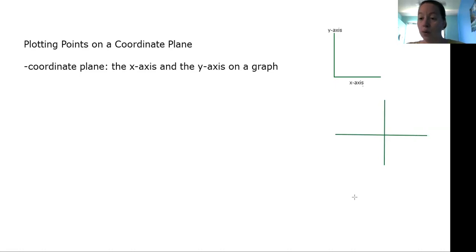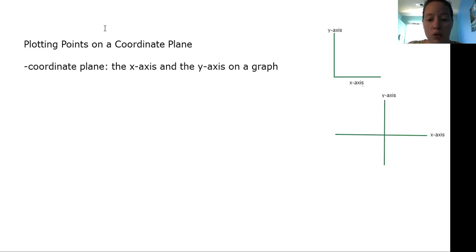So we have four quadrants going on. Y-axis up here, x-axis over here. Still have the 0 in the middle. That right there is called the origin.